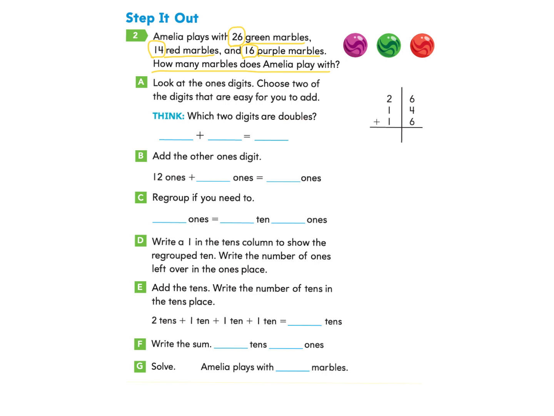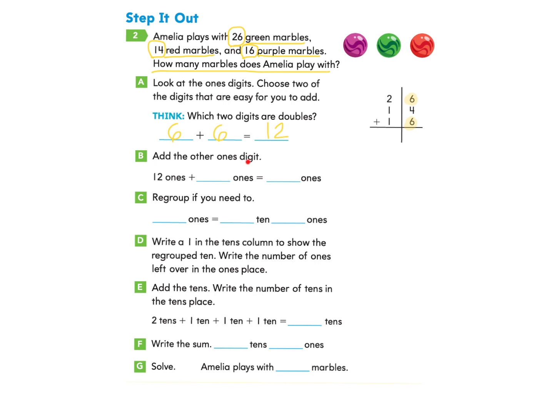So do you see 2 numbers that are doubles? You do. We have a 6 and a 6. Those are doubles. So we can write 6 plus 6, and 6 plus 6 we know makes 12. Excellent.